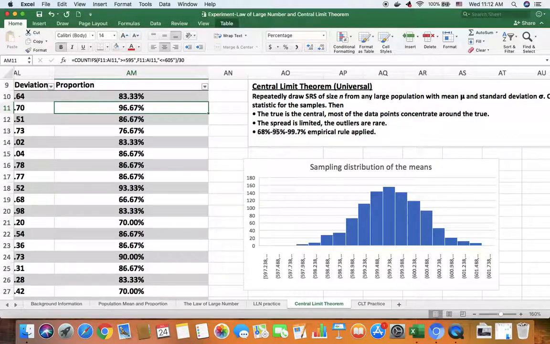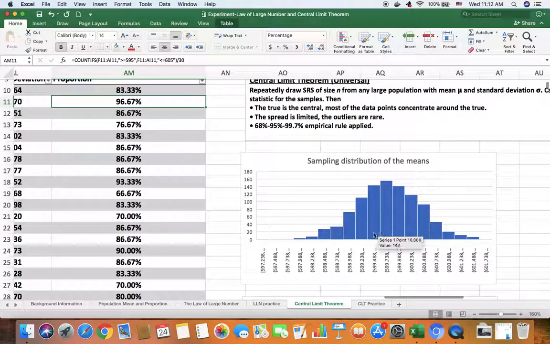Let's just focus on 95% and focus on the means, the sampling distribution of the means. 95% of the data points, we have 1,000 data points, fall within 2 standard deviations of the mean.